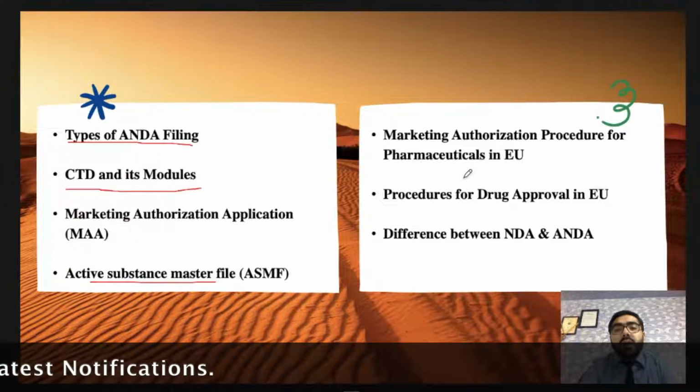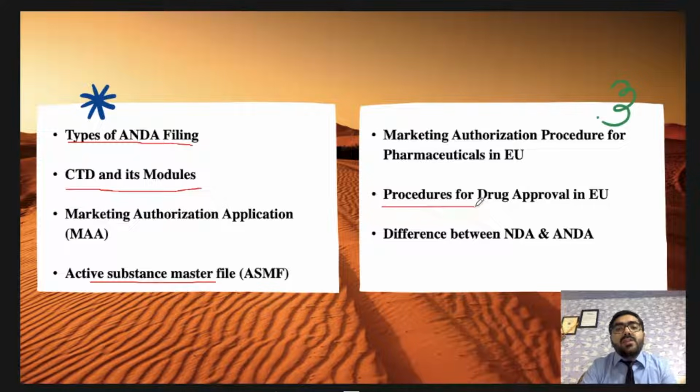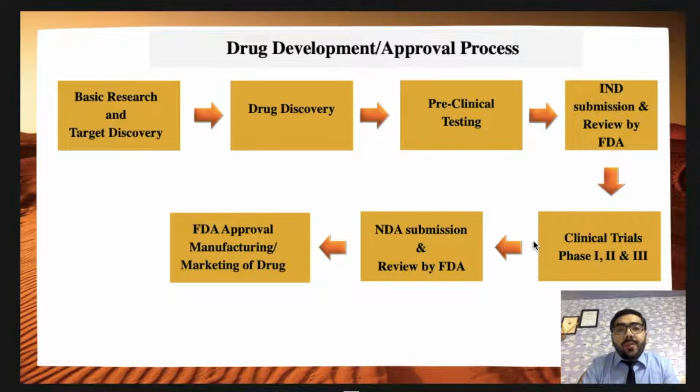Then we will learn marketing authorization procedure for pharmaceuticals in Europe, and procedures for drug approval in Europe, like how the drug is approved in Europe via different types of procedures. Then we will learn the difference between the NDA and ANDA, which is new drug application and abbreviated new drug application. So coming to the first topic, drug development and approval process.